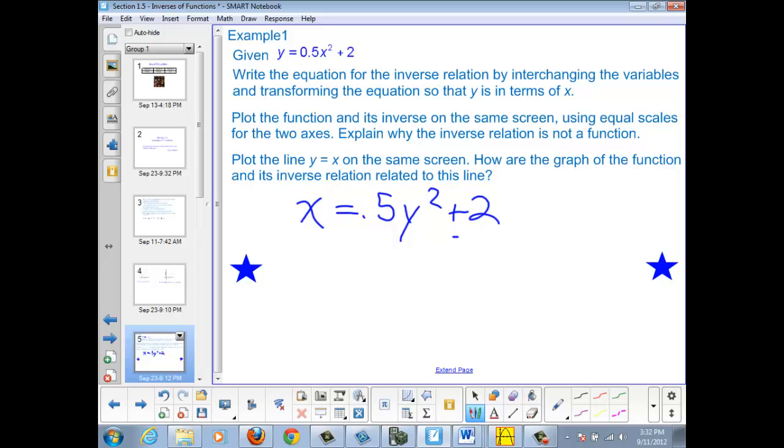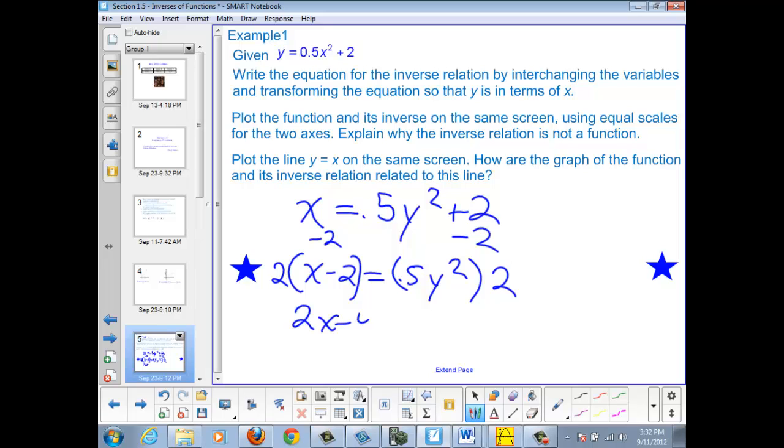So I'm going to subtract 2 and get x minus 2 equals 0.5y squared. Now I'm going to divide by 0.5, which is the same as multiplying by 2, and I will get the equation 2x minus 4 equals y squared.